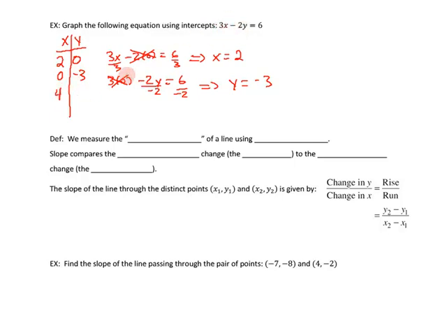If I choose 4, right, I'm going to get 3 times 4 minus 2y is equal to 6. 3 times 4 is 12. Subtract 12 from both sides. You end up with a minus 2y is equal to negative 6, or y is equal to positive 3.